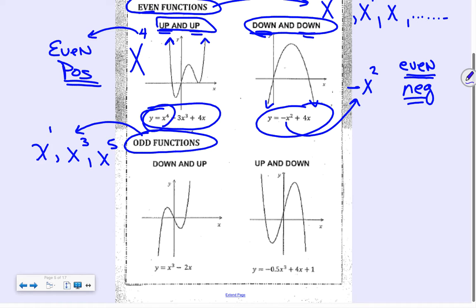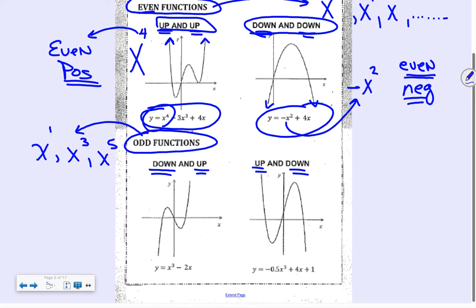Now, notice what odd functions do. Odd functions either go down on the left, up on the right, or up on the left, down on the right. Okay, like this. Watch my arrows. Down on the left, up on the right. Up on the left, down on the right. So they go what directions? Same or opposites? They go opposite directions, yeah.